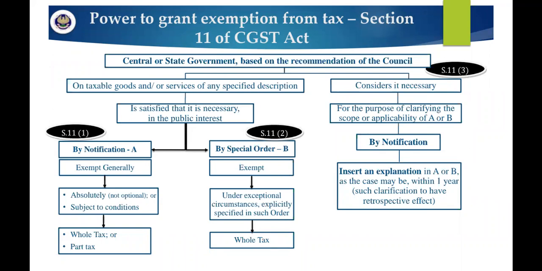Then next is absolutely not optional or subject to conditions, right? So in that case, when they are exempting someone, they will see that it is absolutely not optional, but it will not be neither an optional kind of thing, subject to a condition.